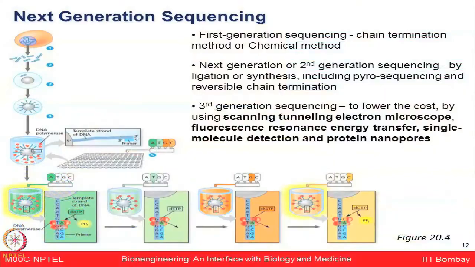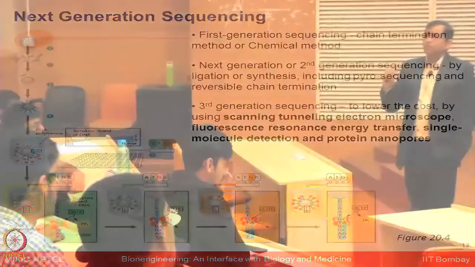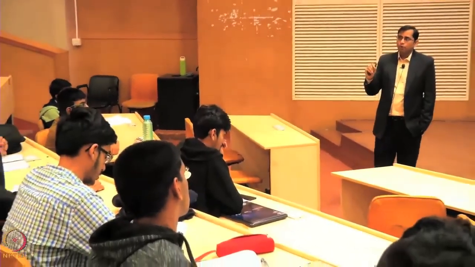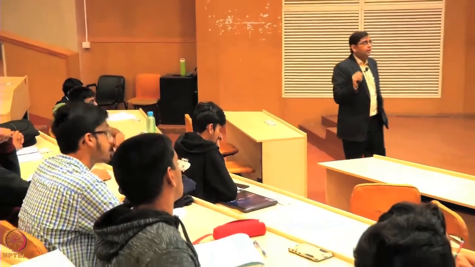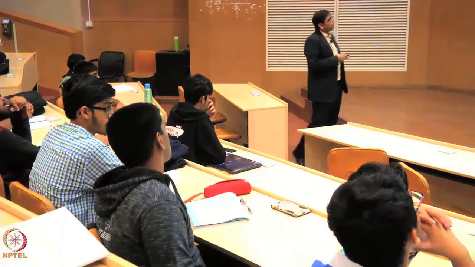So there are different generations of sequencing technology which have come. The original one was first generation sequencing, either the chain termination or the chemical method. Then we have the second generation sequencing methods, which include pyrosequencing and reversible chain termination. The third generation sequencing is where we now started seeing a lot of engineering and physical principles involved in sequencing, and that has really accelerated the pace of sequencing technology.